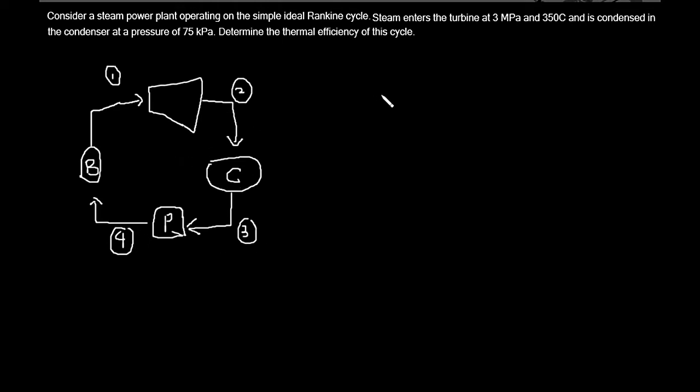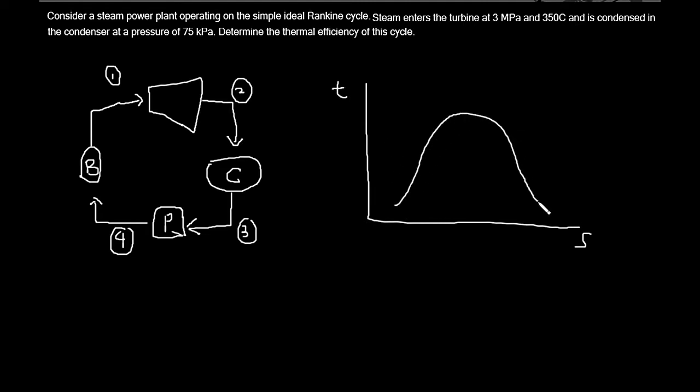Then the next step is to draw the TS diagram. This is the S and T. What the ideal Rankine cycle looks like in the TS diagram is you have the high pressure line here, and it goes down, and then you have the low pressure line here.